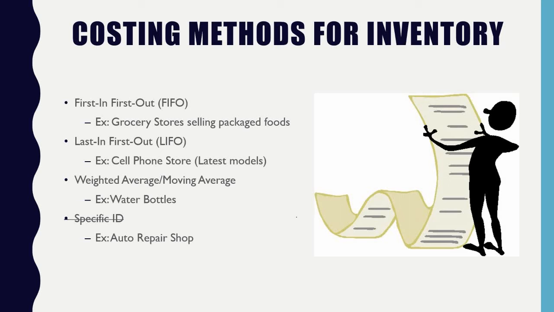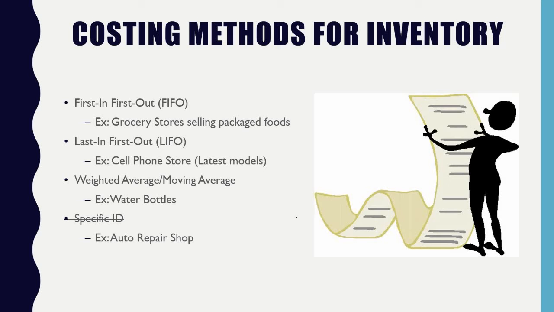And I don't care too much to teach you that one, just because it's on an item-per-item basis, whereas the first three costing methods can really apply to actual real-life objects.